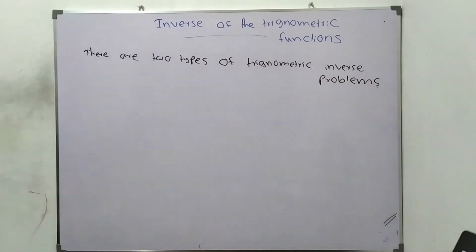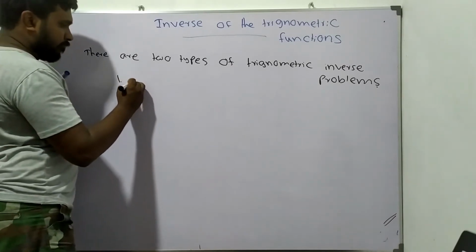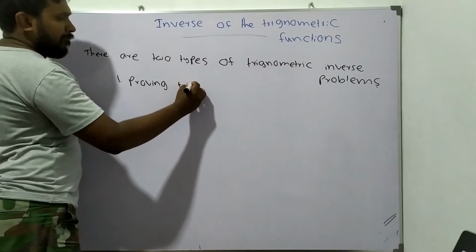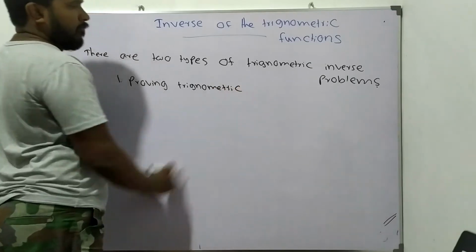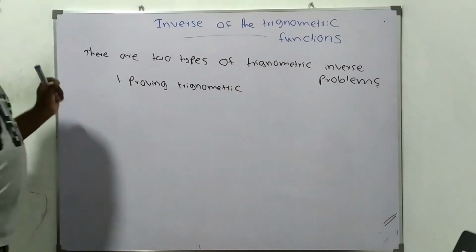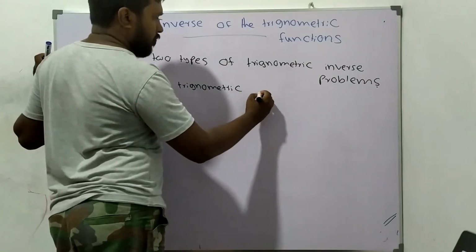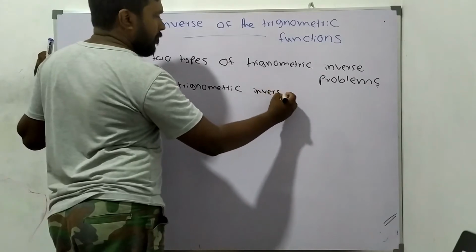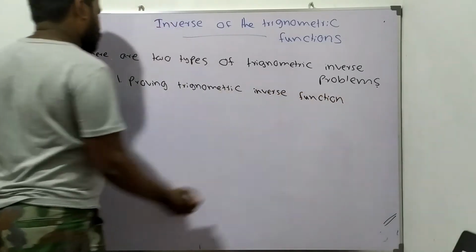The first problem type is proving identities, proving trigonometric inverse functions, so it's like identities.